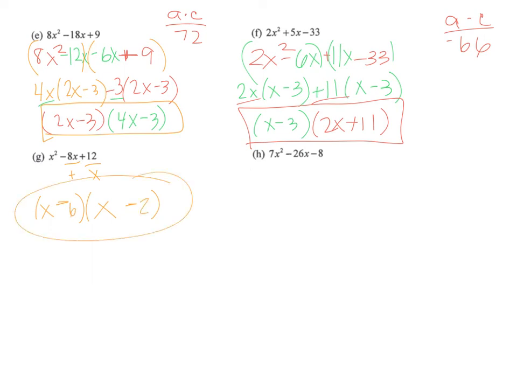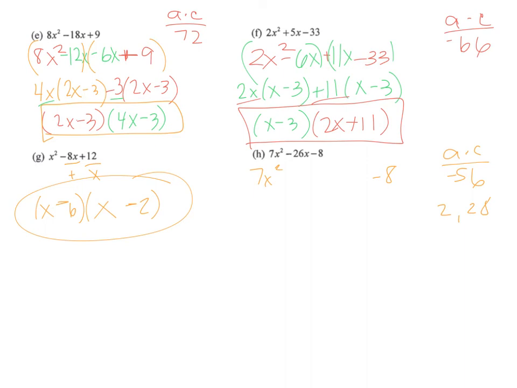And our last one, 7x squared and negative 8. And A times C is going to be negative 56. So multiplies equal negative 56, adds equal negative 26. So 56 has 2 that goes into it. 2 and 28. So it's got to be 2 and 28. But we have to determine which one's negative and which one's positive.